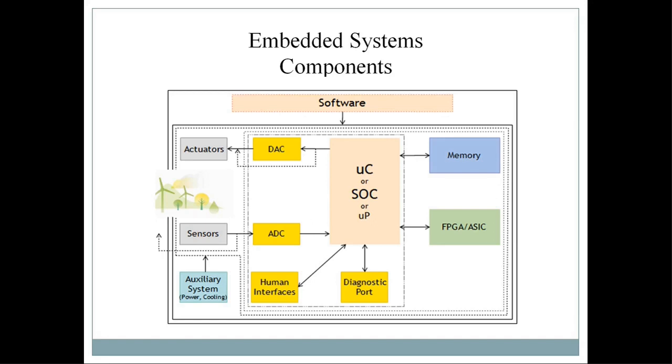Digital means it is either one or zero, also called true or false, or high or low. So we are using some actuators, and if the output is analog, then we need to convert analog to digital.